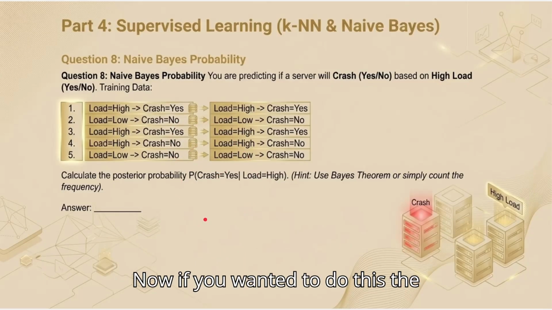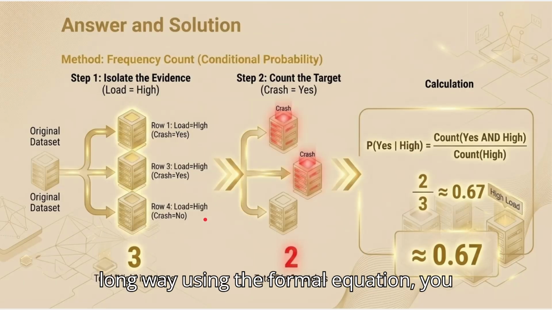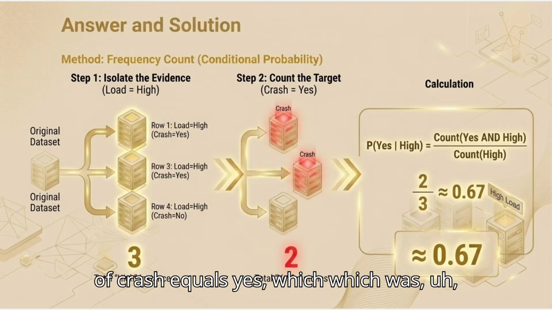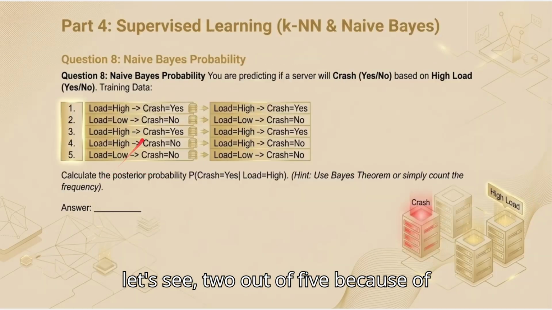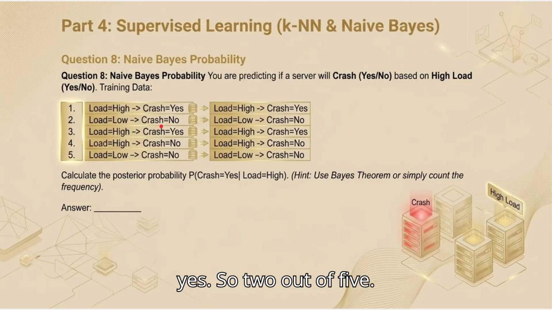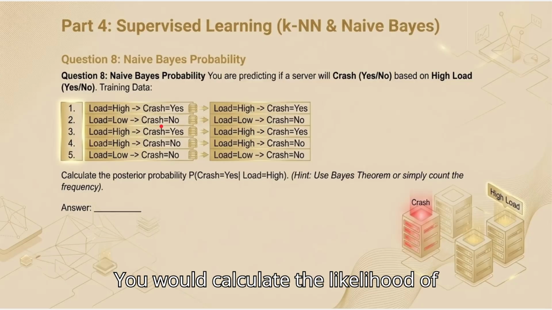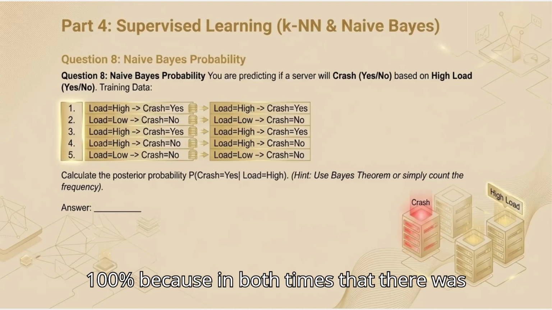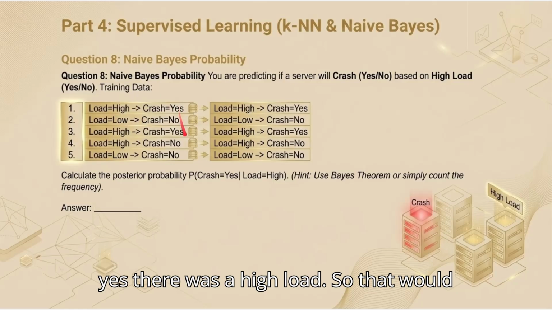Now, if you wanted to do this the long way, using the formal equation, you would calculate the probability of crash equals yes, which is 2 out of 5, because there's 5 total and only 2 of them said yes. Then you would calculate the likelihood of high load given crash equals yes, which is 100%, because both times there was a yes, there was a high load, so that's 2 out of 2.